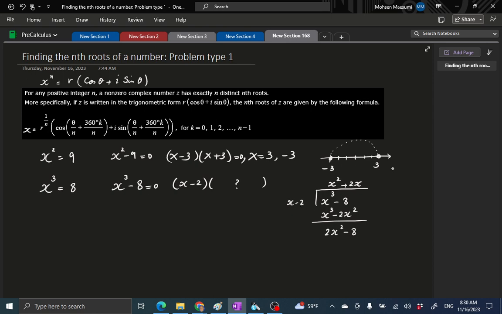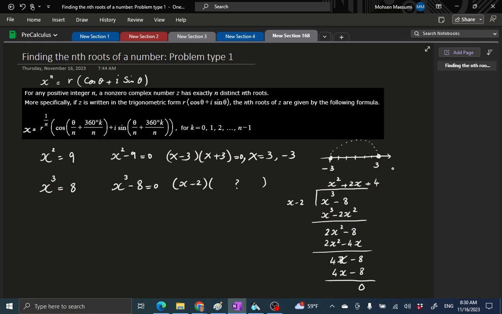Multiply back with this, I get 2x squared minus 4x. Again, subtract this from that, and I get 4x minus 8. Take this, divide by x, I get 4. If I multiply back, I get 4x minus 8, and the remainder is 0. That tells us we are correct in our assumption that x minus 2 is a factor.